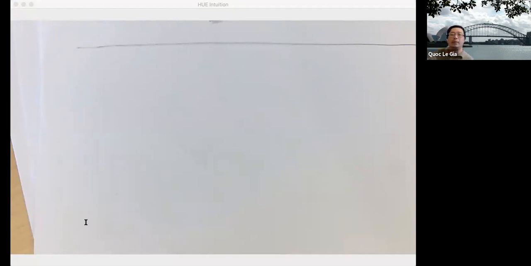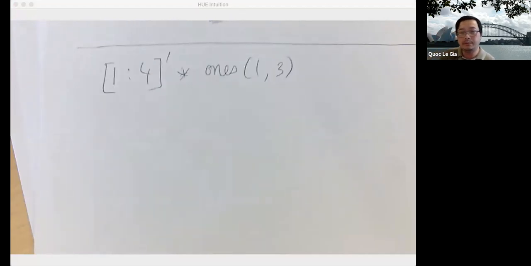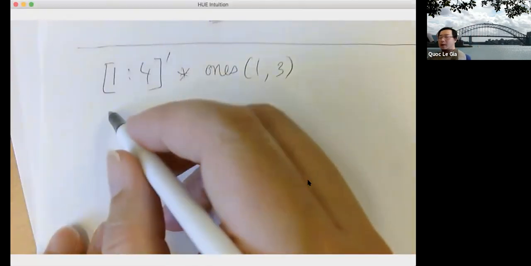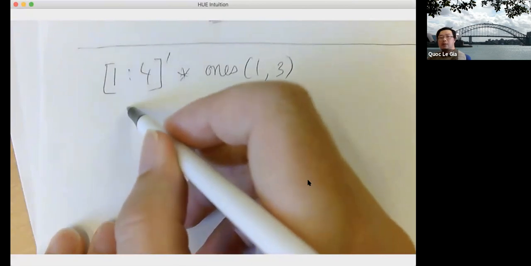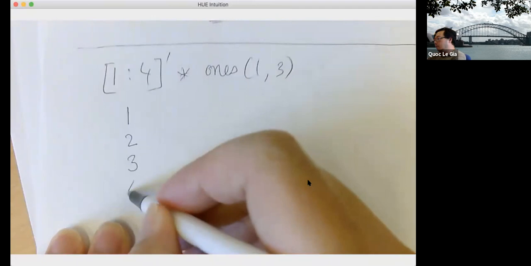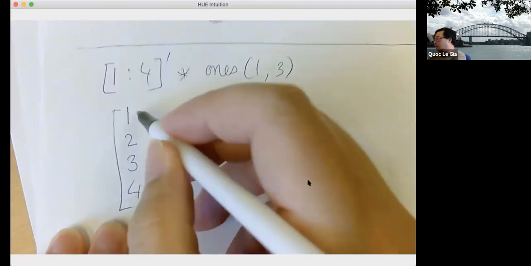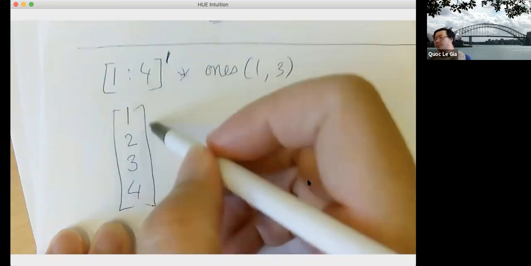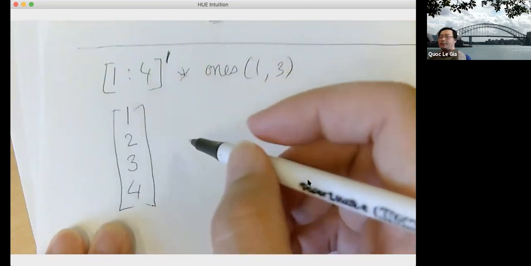So this one is just the column vector 1, 2, 3, 4. Because first you have a row vector with the prime here, transposed into a column vector.